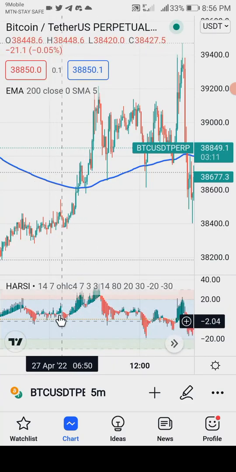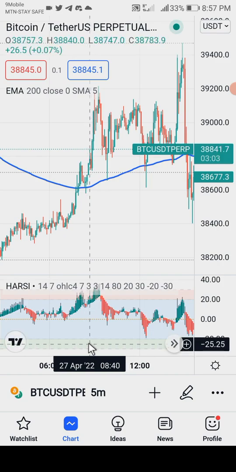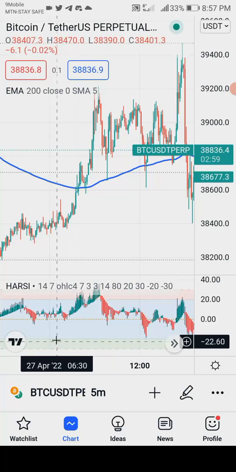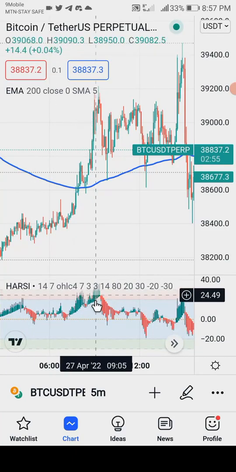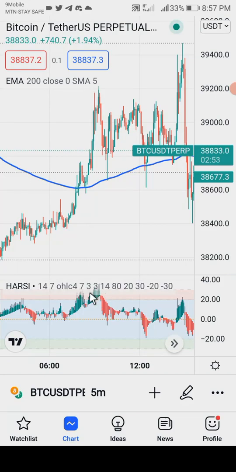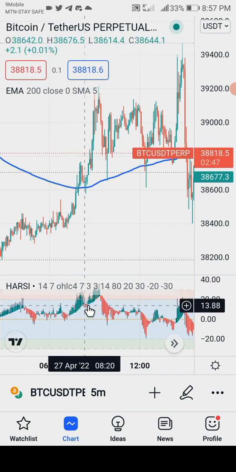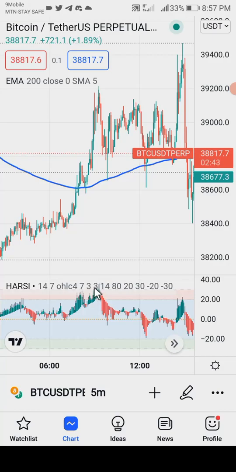When this chart touches this green line, it's simply telling you that the market is oversold. So definitely buyers want to enter the market with strong momentum and push the market upward. And when the price touches this red section here, it's telling you that the buyers have pushed the price upward and the market is now overbought.